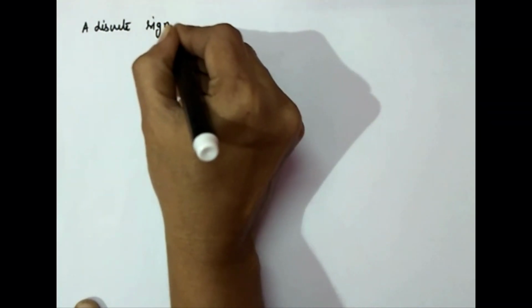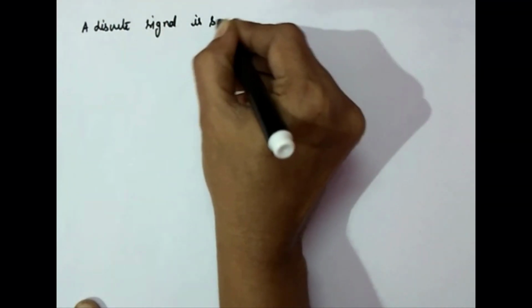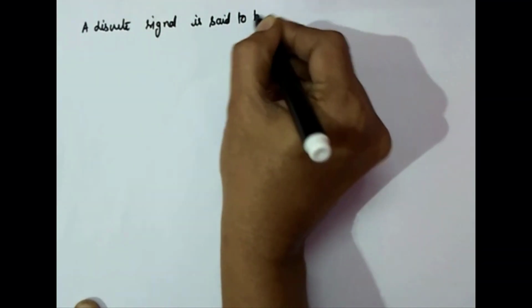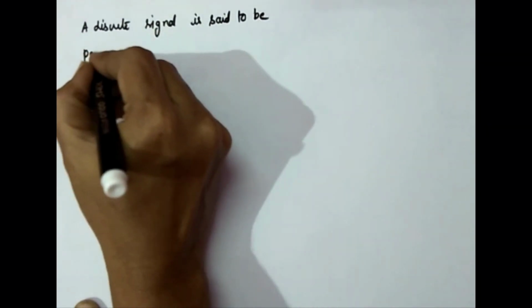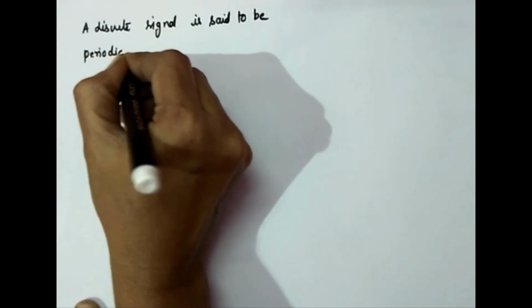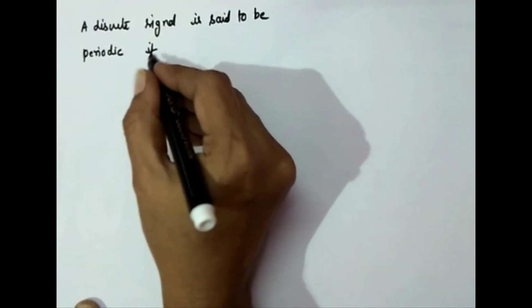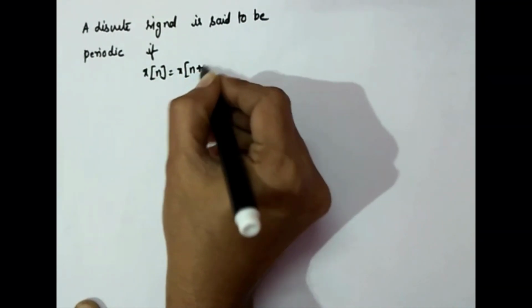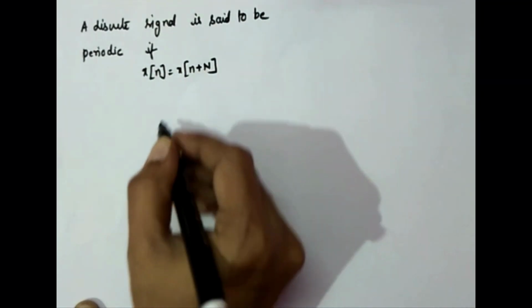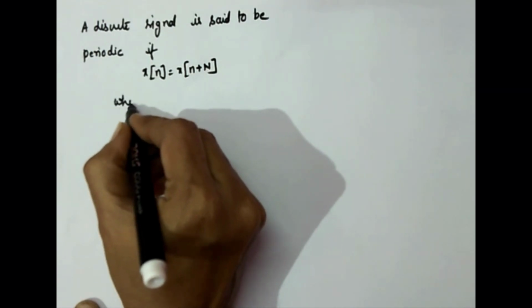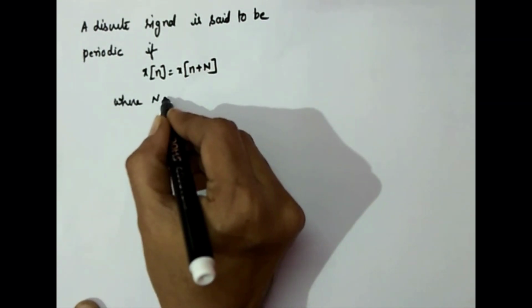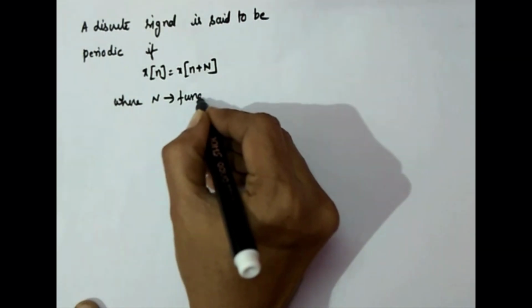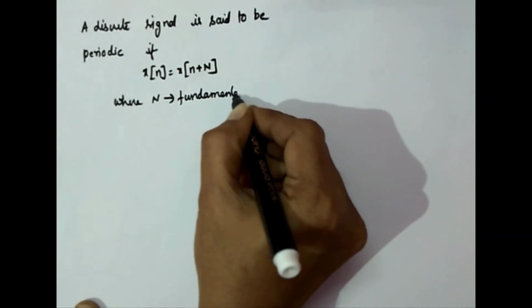A discrete signal is said to be periodic if x of n equal to x of n plus capital N, where this capital N is called the fundamental period.